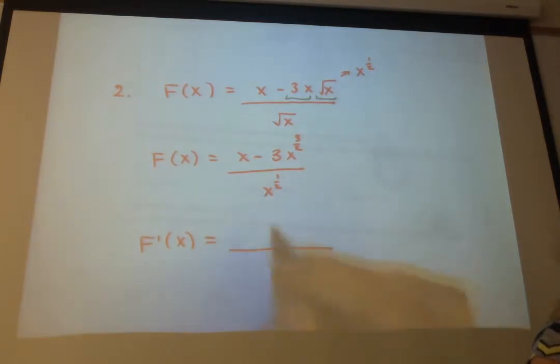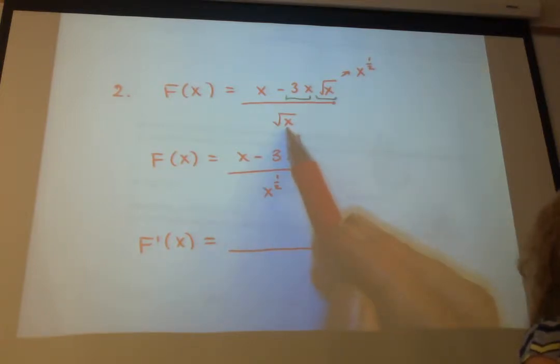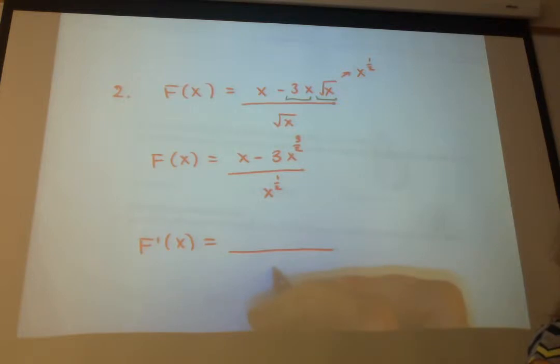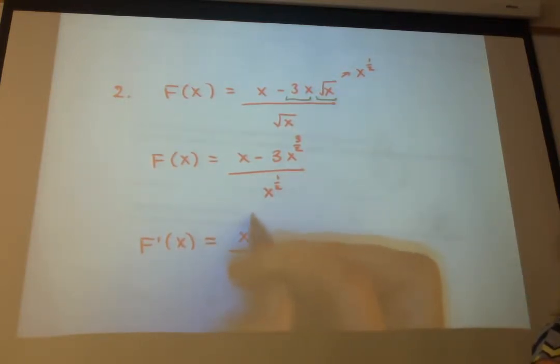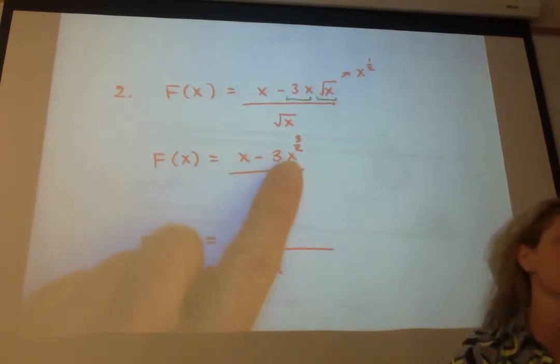we're going to start down low. So x to the 1/2 squared. Think about that. What's square root x times square root x? That's x, correct? Okay? So I'm going to have x, and then I'm going to have x to the 1/2 right here, times the derivative of the numerator.